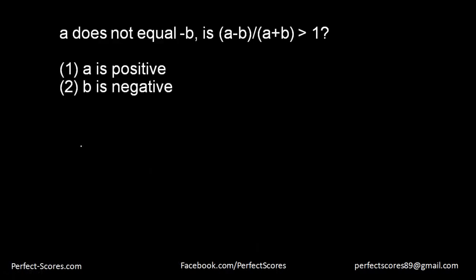Now again, it says that a does not equal minus b. The question is saying, is (a minus b) upon (a plus b) greater than 1, right? Now the first statement says that a is a positive number. So if a is a positive number, what are the different possibilities of a? Now let me introduce to you the Fantastic Four when it comes to GMAT.